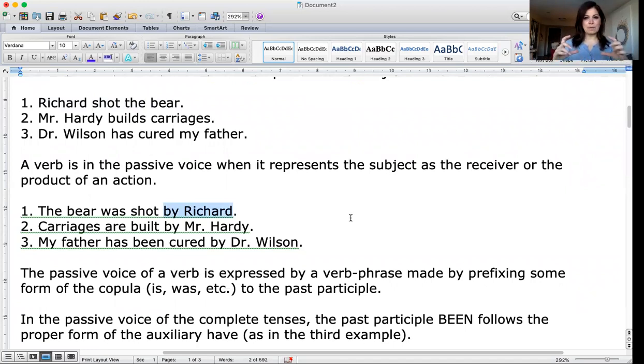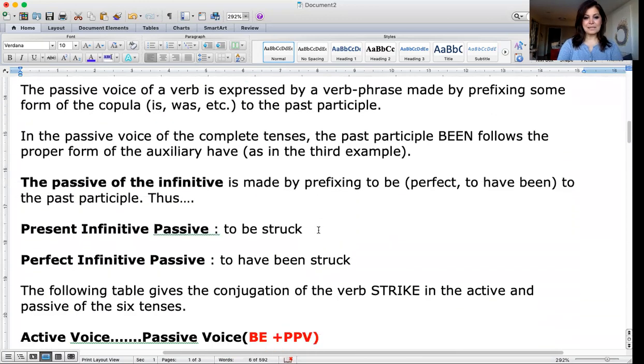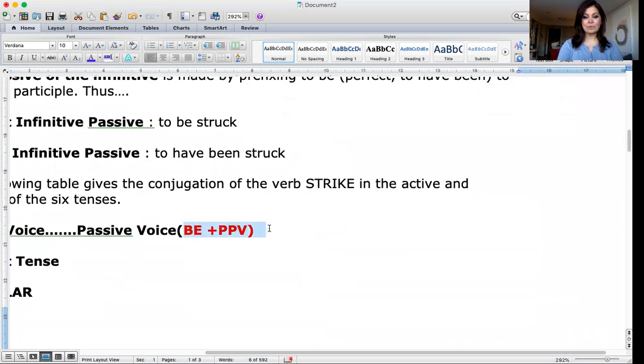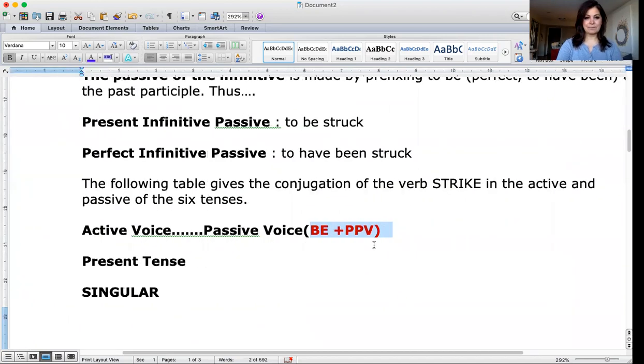If not, you can put them in brackets in your writing, or simply eliminate them to create that diplomatic conversation as I mentioned earlier. You can also say carriages are built by Mr. Hardy. So you see the communication happens in this pattern: you have verb be plus the past participle of your verb, which creates the passive voice.